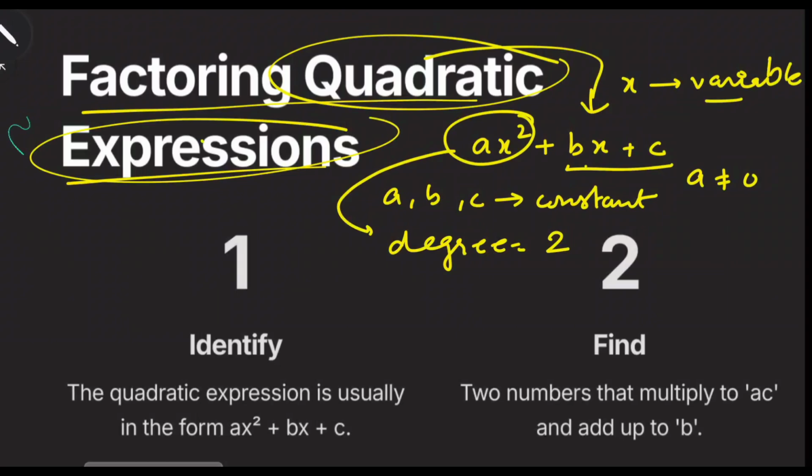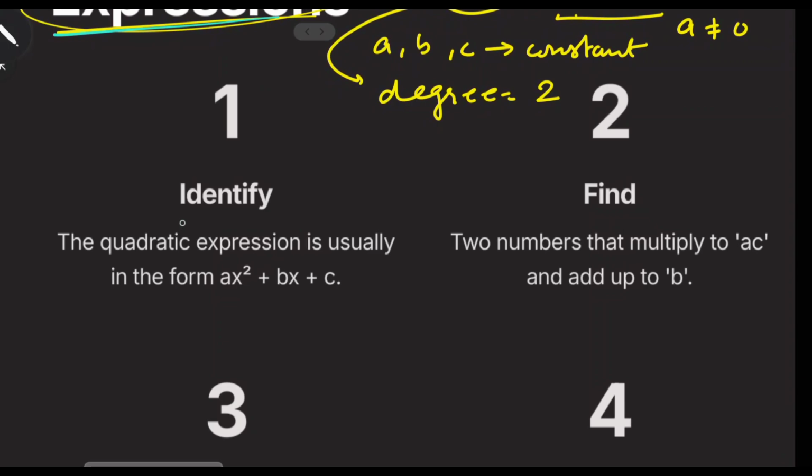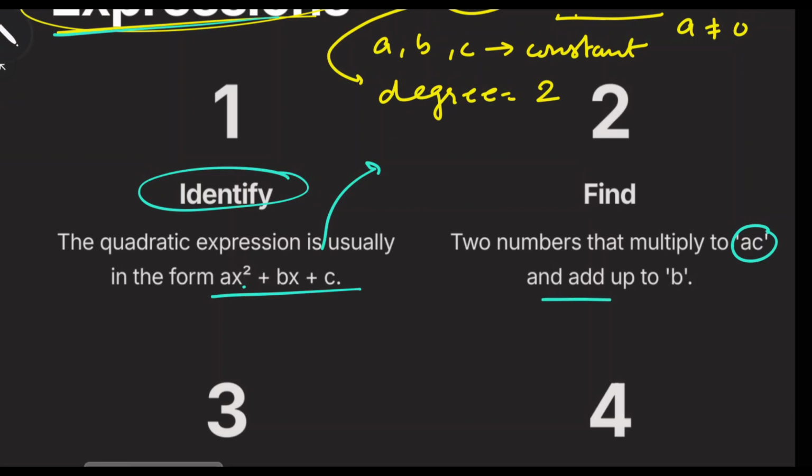Now, to factorize a quadratic expression, there are some steps. In step 1, we have to identify whether it is a quadratic or not. The quadratic expression is usually in the form of ax square plus bx plus c. Second, find two numbers that multiply to ac and add up to b.